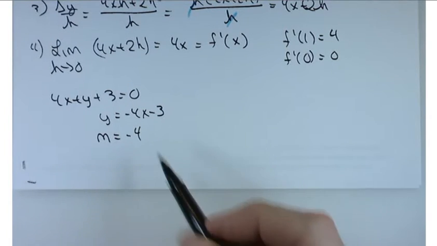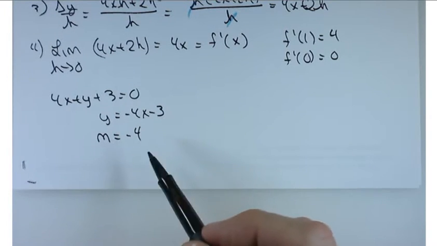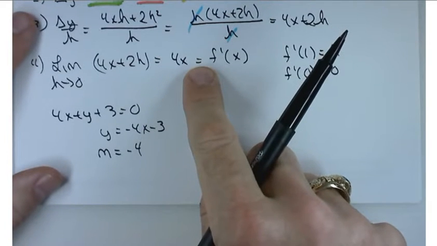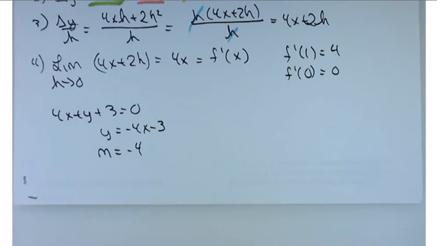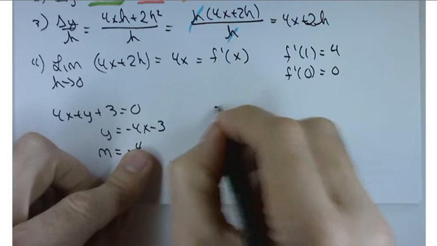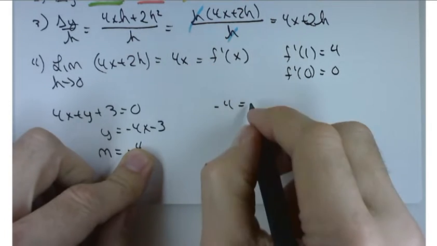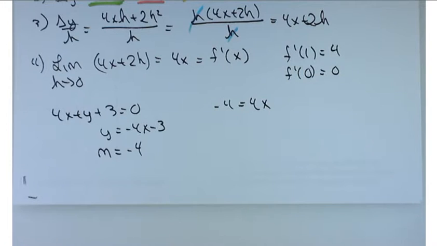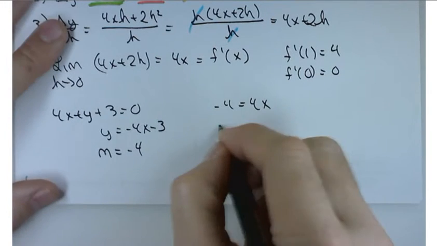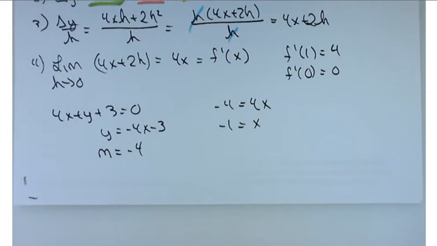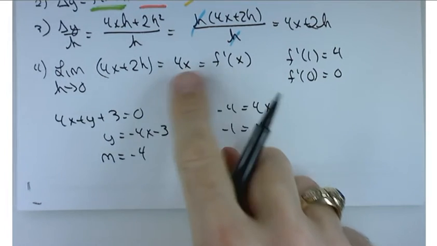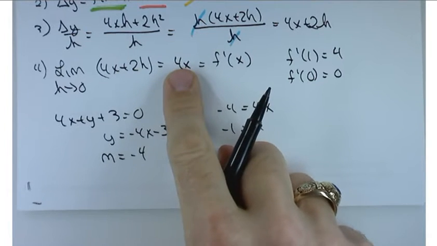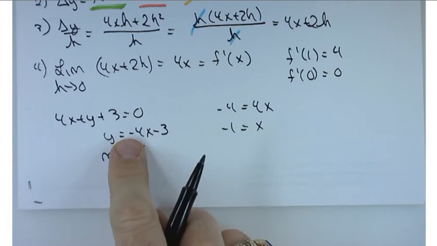So basically, I want to know where does my function have a slope that's -4. That way they're parallel, right? Parallel lines have the same slope. So where does -4 equal 4x? Yeah, when x equals -1. So at x equals -1, the slope of the tangent line here is going to be -4, which will be parallel to this.